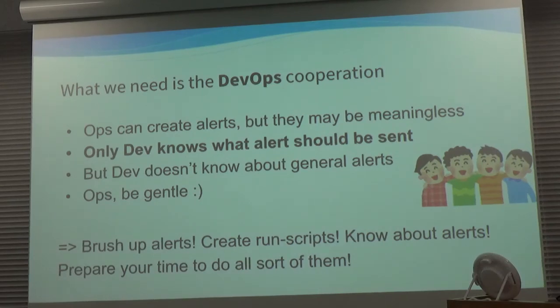So only developers know what alerts should be sent. And maybe these developers are the server users. So this is quite different. And well, most of the time developers do not know that much about general alerts, so operators should be gentle about that. Cooperating between developers and operators is the only way to have better alerts.